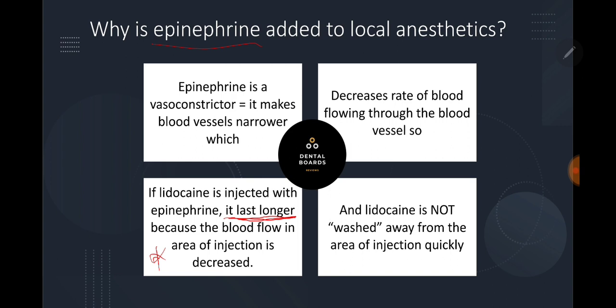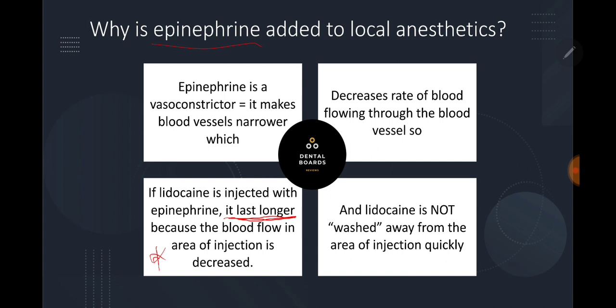So most people, they say, oh, somebody who is pregnant, I'm not gonna give any lidocaine with epinephrine. But guess what? If you're doing a procedure which is going to last more than 30 minutes, it's better to give the 2 capsules or 1 capsule of lidocaine with epinephrine, which is going to last longer, and the patient is not in pain.